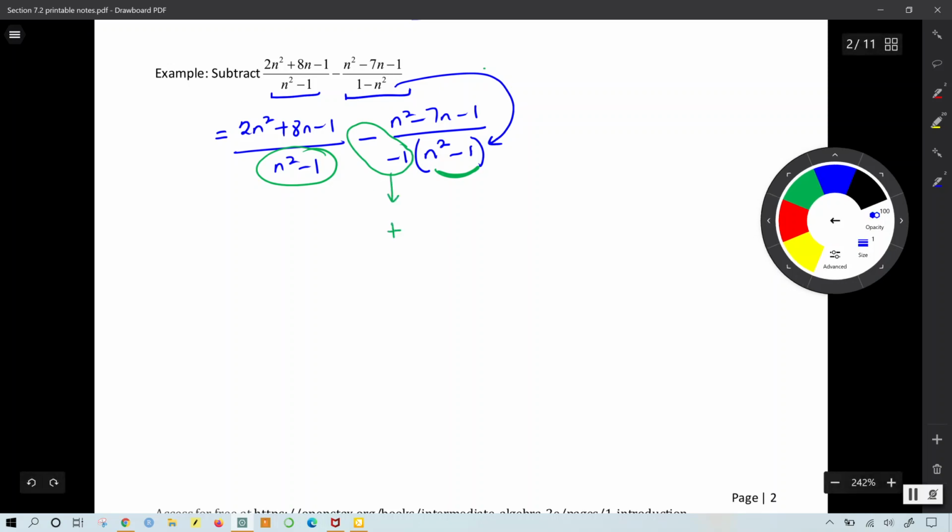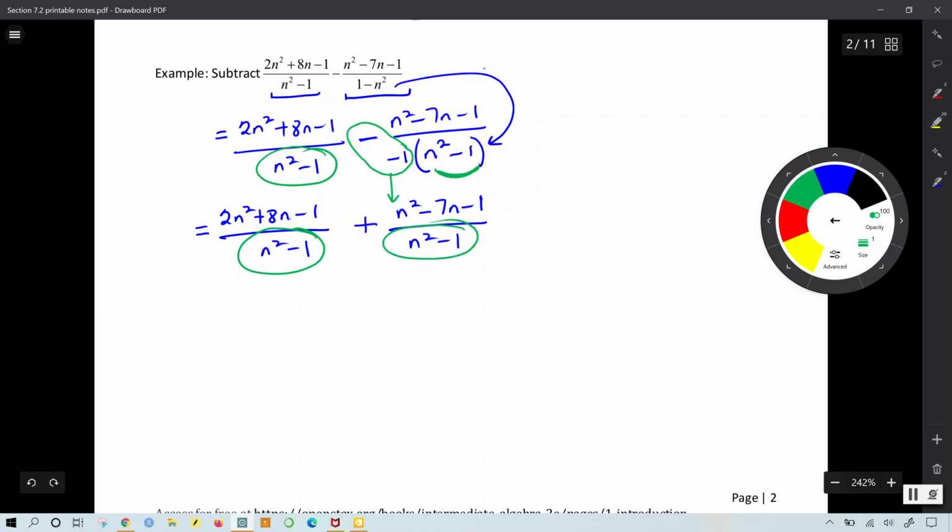So let's effect that. So we have 2n squared plus 8n minus 1 all over n squared minus 1. Negative divided by negative 1 divided by negative, that becomes positive 1. And 1 can be done away with. And you have n squared minus 7n minus 1 all over n squared minus 1, which means at this point, both denominators now have exactly the same denominators.